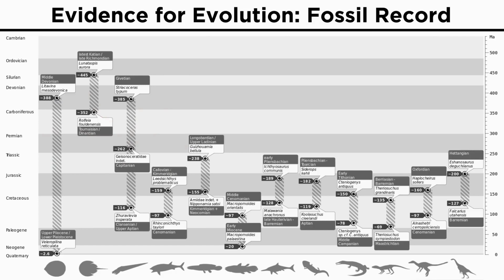From this, we get an idea of what kinds of organisms existed and when, which helps us fill in the gaps between existing species. And we have used the fossil record to assign dates to the emergence of all kinds of different species, including us, Homo sapiens.